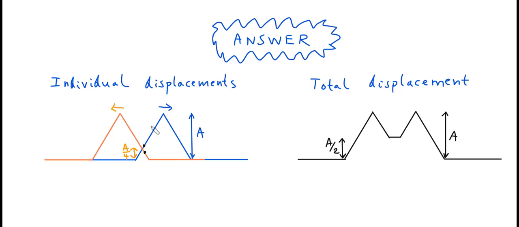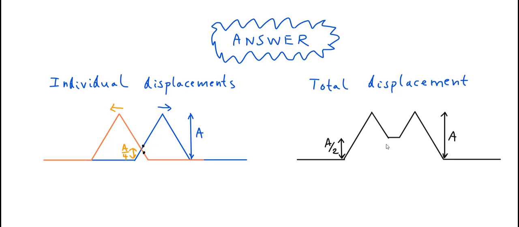Because of the symmetrical nature of these wave patterns. So again, at this point here, the total displacement will again be A over 2. So we have this little plateau type region again, corresponding to this region over here.